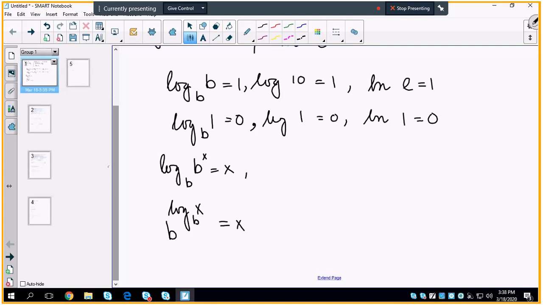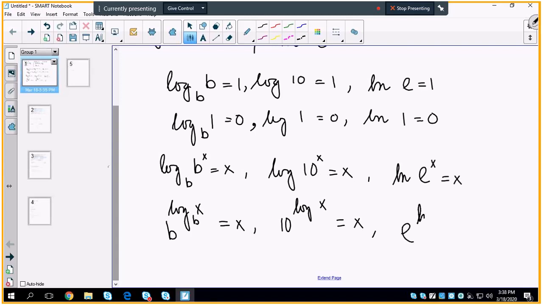So in common log, log of 10 to the power x, because the base is 10, is x, or 10 to the power log of x to the base 10 is x. Similarly, in natural log, ln of e to the power x is x, and e to the power natural log of x is equal to x.